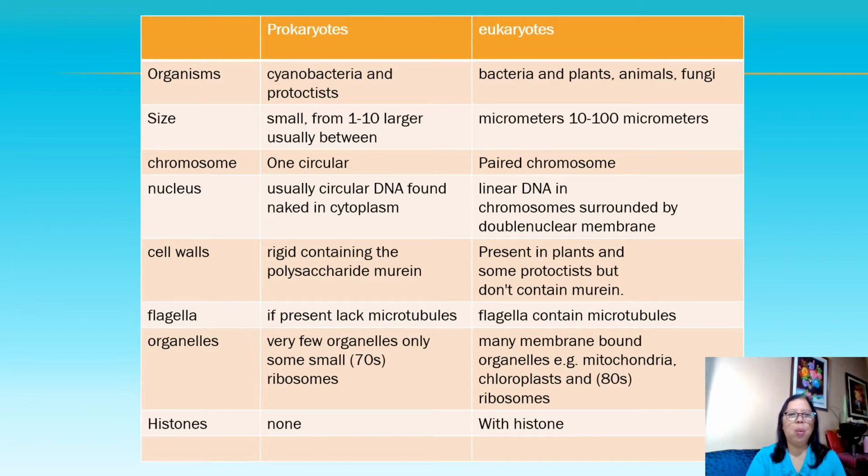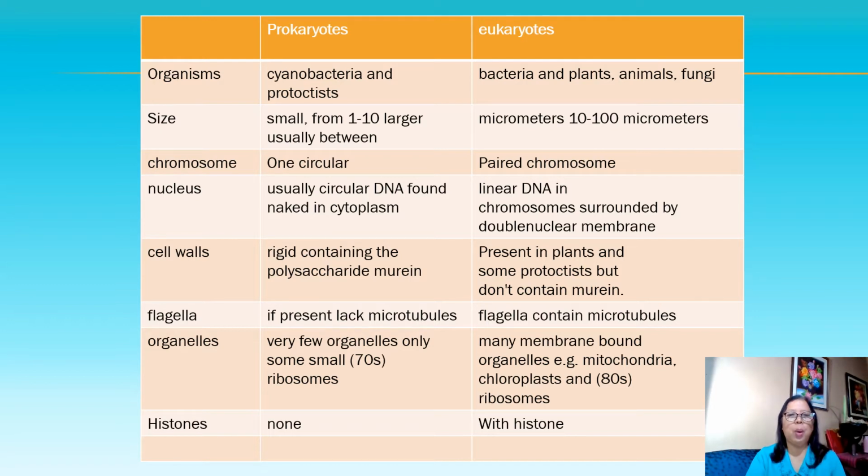And then for cell wall, it contains the polysaccharide murein, but for the case of eukaryotic organism, they do not contain murein. In terms of flagella, both could probably have flagella, but for the prokaryotic organism, it lacks microtubules as compared with eukaryotic organism.